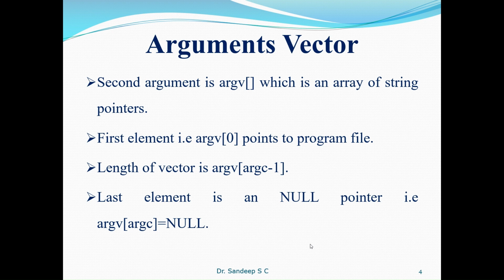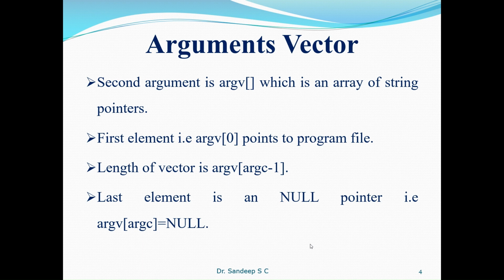The one speciality a vector has is that its length can be changed dynamically, unlike an array. Arrays are static memory storage, and the length of an array cannot be changed, whereas the length of a vector can be changed dynamically. So here the argv length will change depending on how many arguments we pass in the command line.